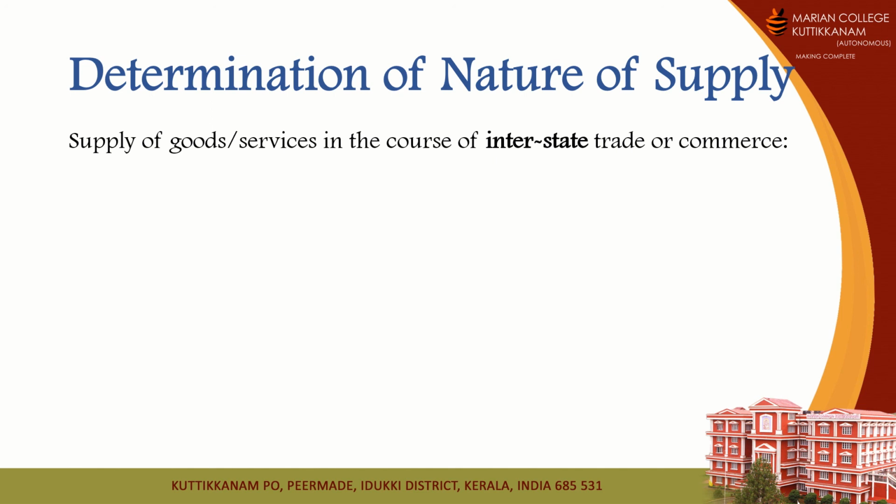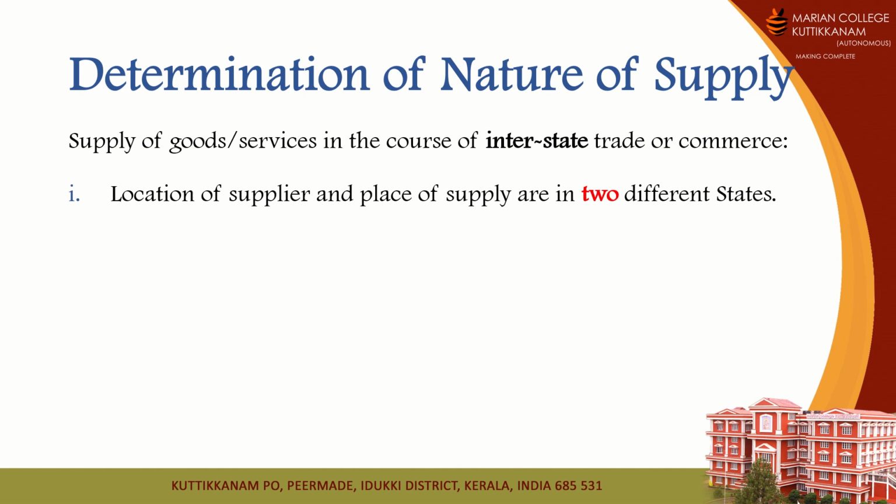Okay, so now we will see how to determine the nature of supply. In the case of interstate trade or commerce, in order to define a transaction as a supply, it should meet the following conditions. 1.